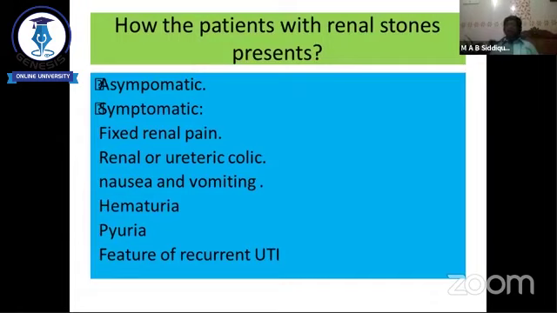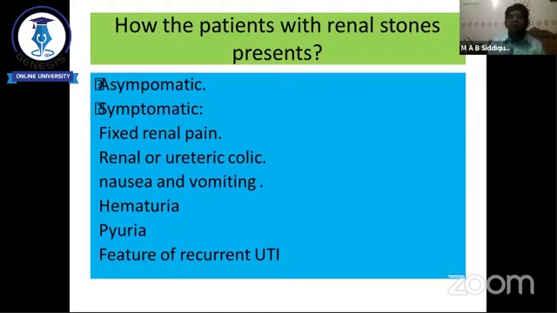Maybe asymptomatic, maybe symptomatic. When asymptomatic, it is usually a phosphate stone, because the surface is smooth and it may become large like a staghorn to cover the whole calyceal system. That's why it becomes large and asymptomatic.